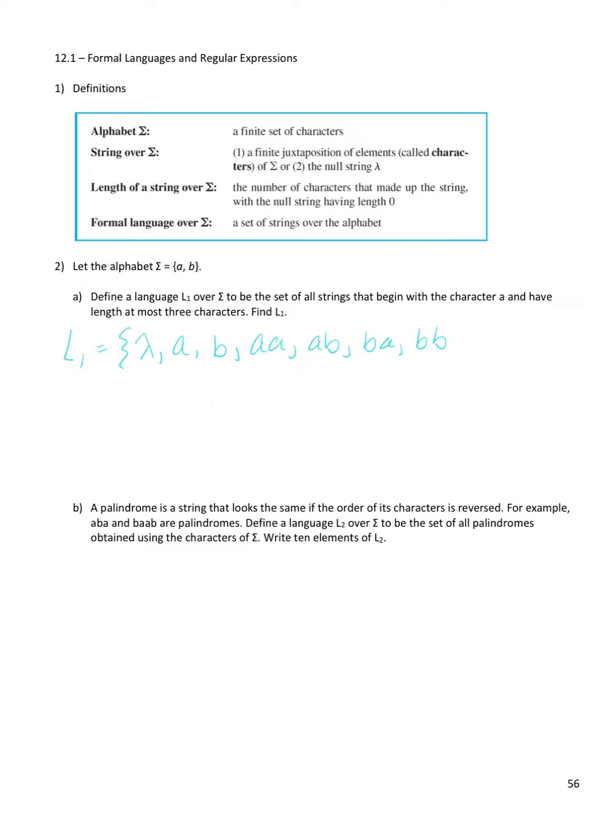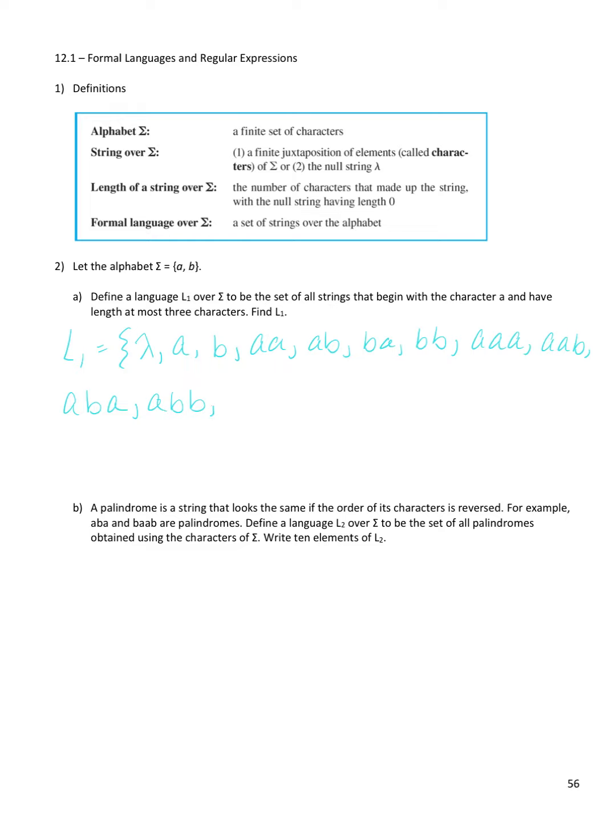And then finally, we'll do strings of length 3 made up of A's and B's. So we could do AAA. Then we could have AAB, ABA, and those are all the ways we can have 3 A's, 2 A's, and then if I want to have 1 A, I could have ABB.